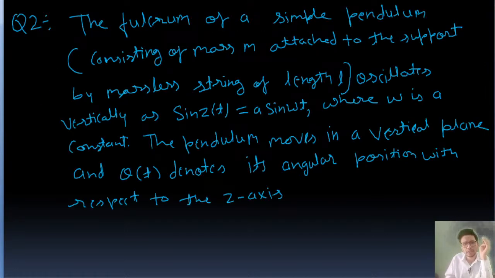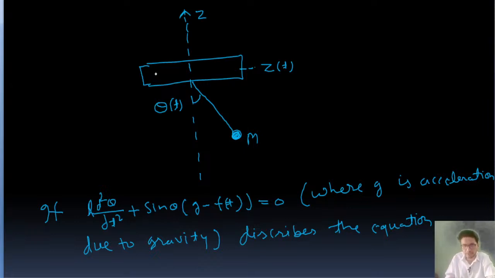So very simple. We have been given this figure, guys. This thickness z is given, which is a function of t, and this is the z axis, and this is the pendulum. The mass of this pendulum is m, and this length is l. This angle with the vertical is theta, which is a function of t. So this oscillates vertically.